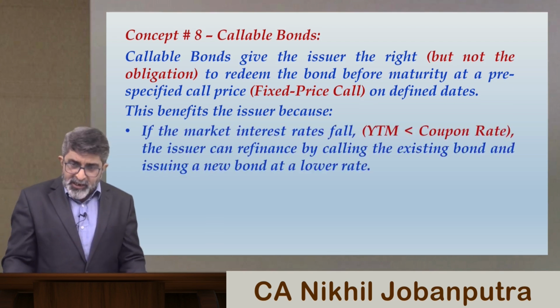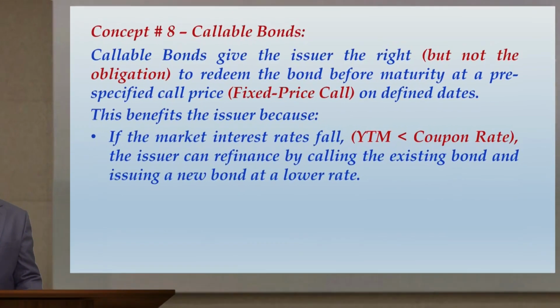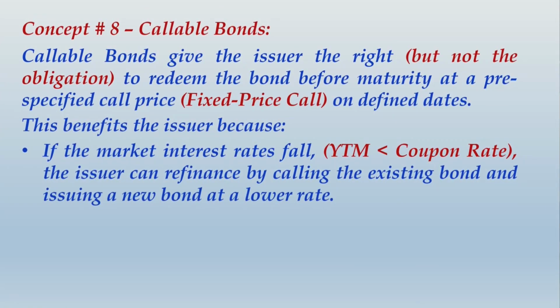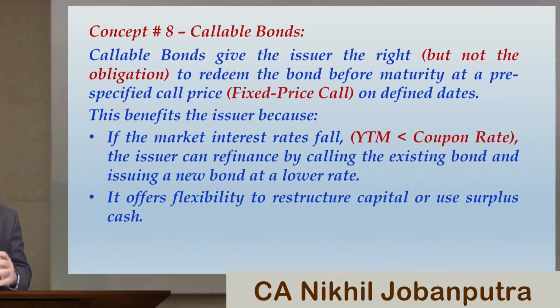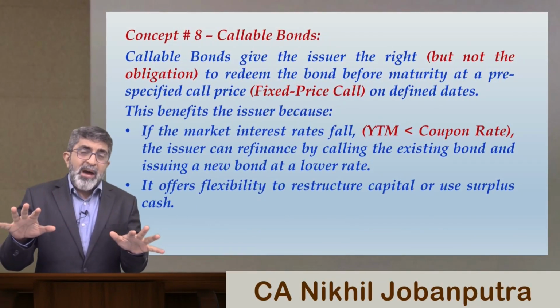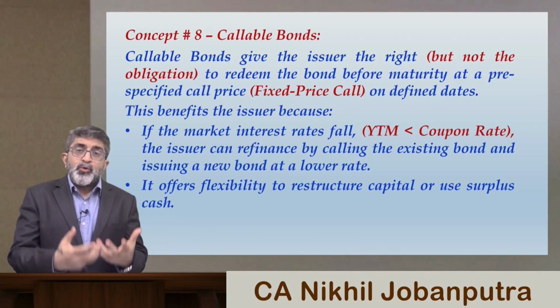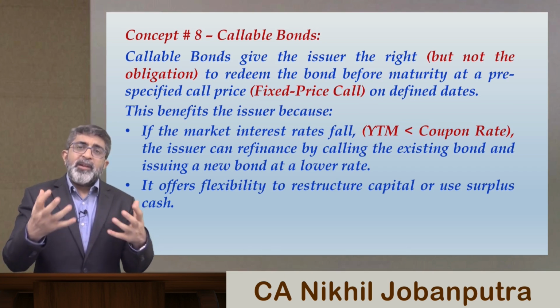I have already explained it to you. Let me just enlarge the screen size. If the market interest rates fall, that is, YTM goes even below the coupon rate, the issuer can refinance by calling the existing bond and issuing a new bond at a lower rate. It offers flexibility to restructure capital or use surplus cash. Suppose there is no change in the market interest rate, but the issuer has a lot of surplus cash flow.